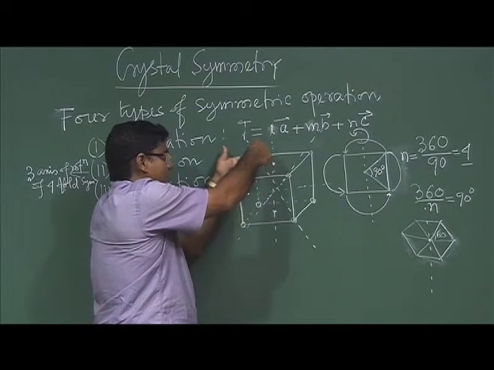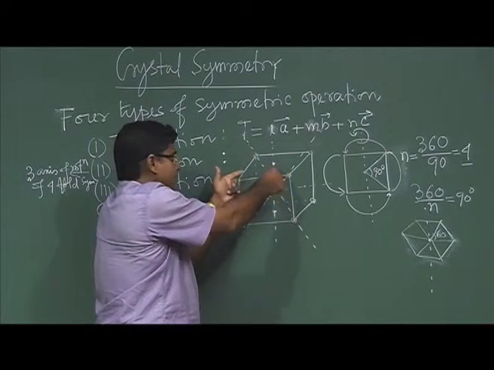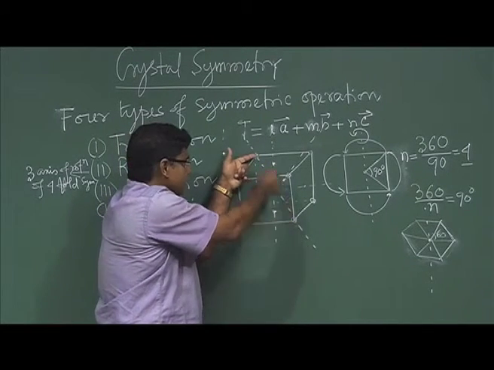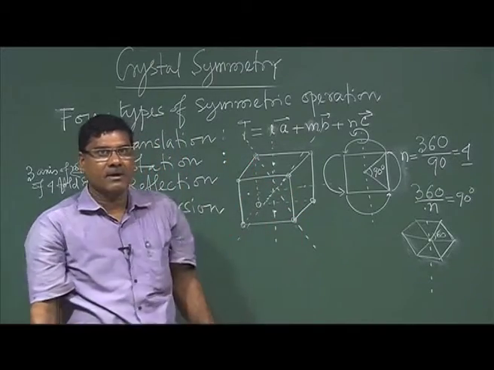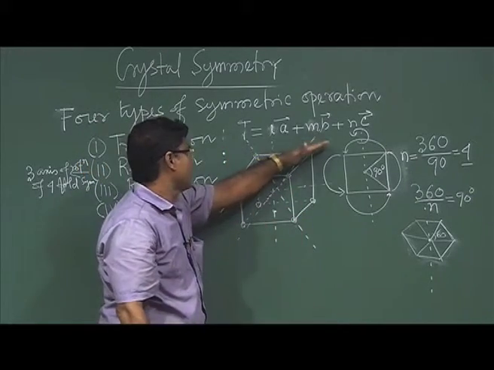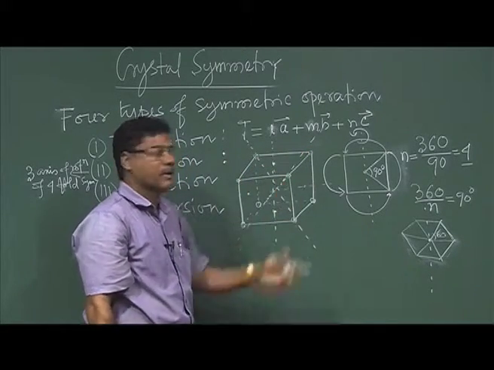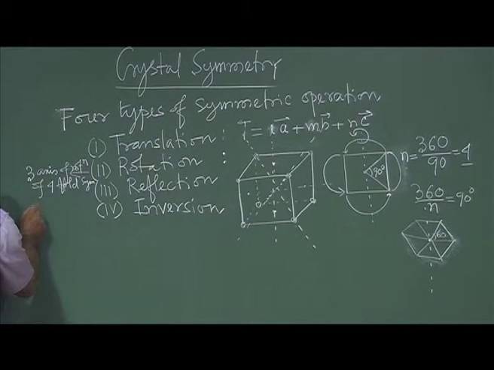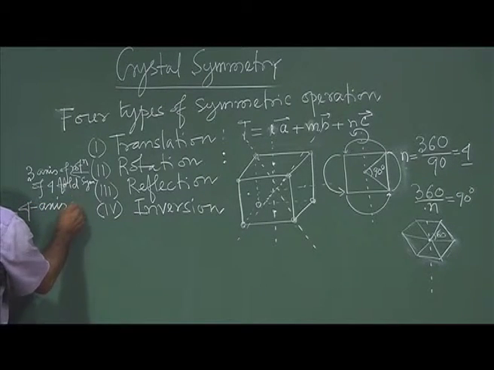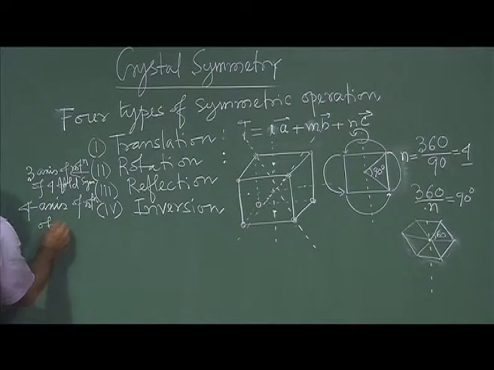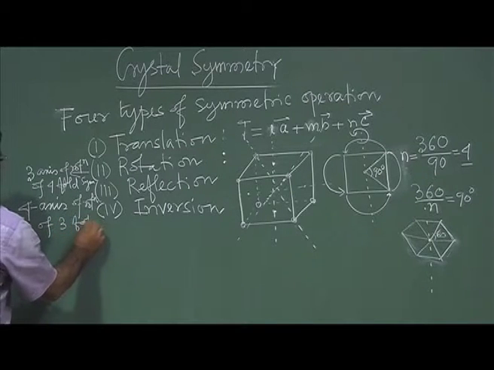Starting from 4 lattice points, if you connect each to the diagonally opposite lattice point, it will be a body diagonal. So, you will have basically 4 axes of rotation of 3-fold symmetry.